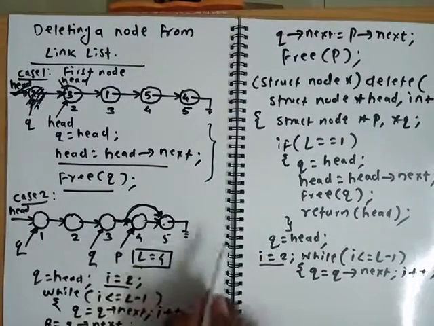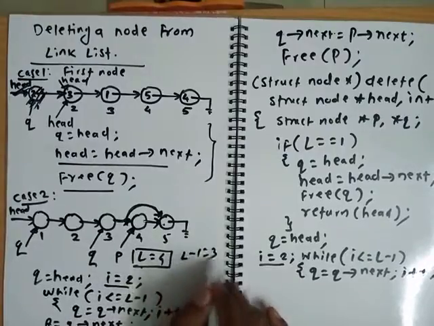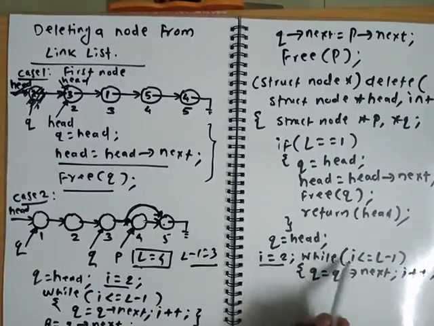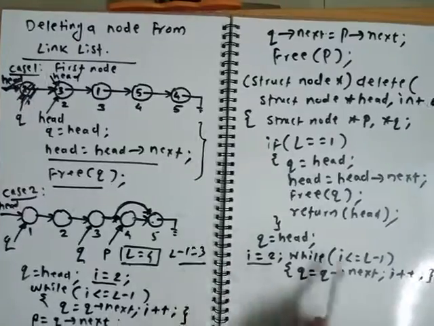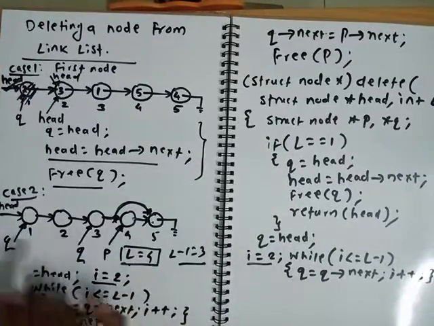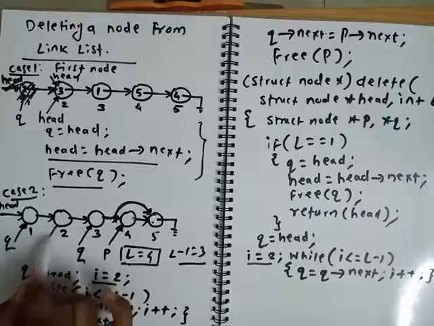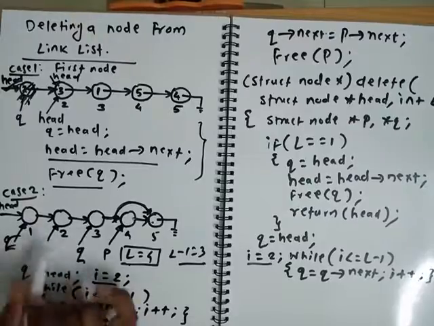So I equal to 2 and L is 4, so L minus 1 will be 3, right? So 2 is less than 3, so condition true, take Q to next. So Q is here, so Q next is here, so our Q will be here.